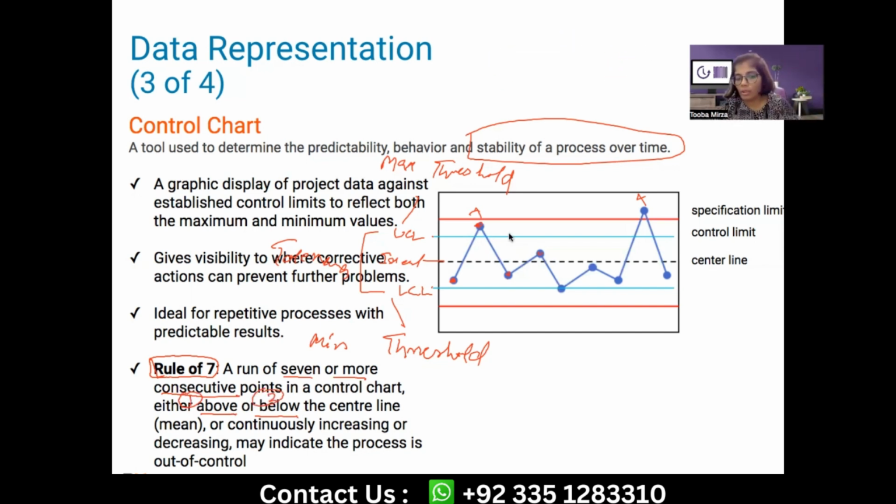So for instance, this is my upper, so this is my center line. If consecutively 7 points, for instance, this, then this, then this, then this, then this, and this. If the control chart would have been something like this, 7 points. Okay?